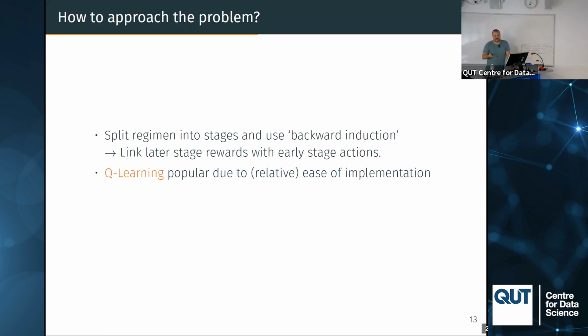It really just involves nested linear models. There are quite a few other approaches in the dynamic treatment regimen literature that are much more complicated, particularly if you go down the G methods path, where you start looking at G estimation and things like that, and even more complicated if you're working with observational data.